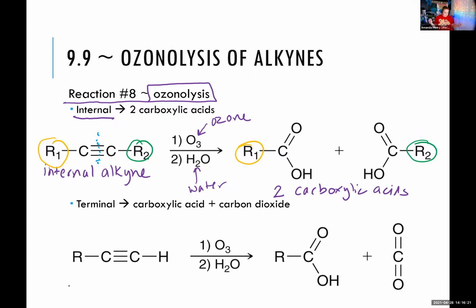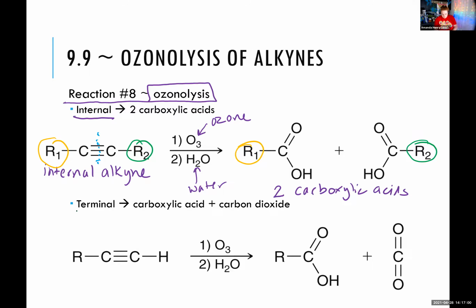So we did our whole lab where we looked at whether things were miscible or soluble. These are going to be in the same layer, so they wouldn't be able to be separated that way. They're also going to have very similar boiling points because they have similar functional groups. So separating them by distillation would also be difficult. So long story short, doing this reaction in real life is going to be most commonly done with a symmetrical alkyne so that we only get one product, or with a terminal alkyne.